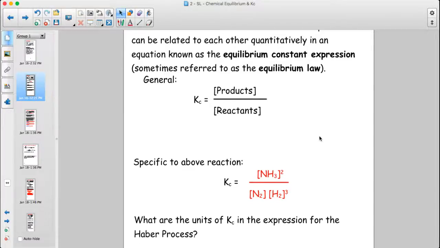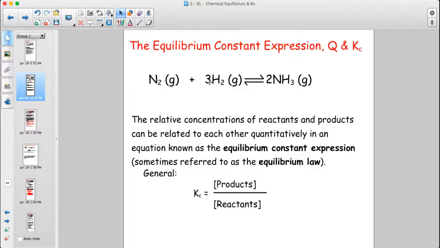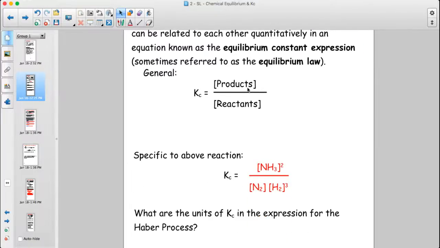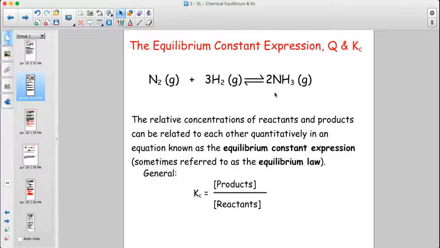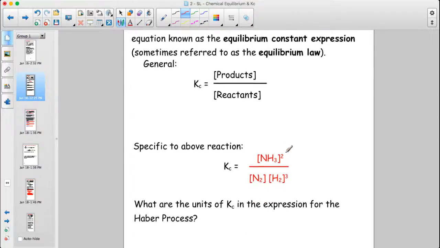If you want to look at one that's specific for a given reaction, for this reaction right here, the Kc equals ammonia on top in brackets, and ammonia is squared because in the equation, ammonia has a 2 as a coefficient. So whatever the coefficient is, that becomes the exponent on that concentration. And as a recap, these brackets equal concentration.